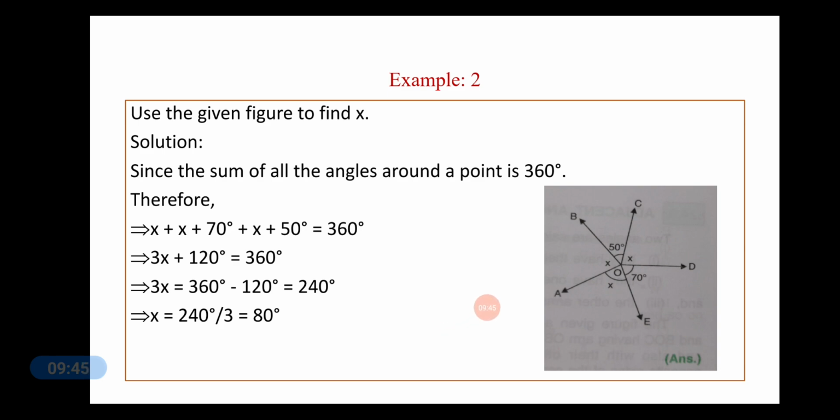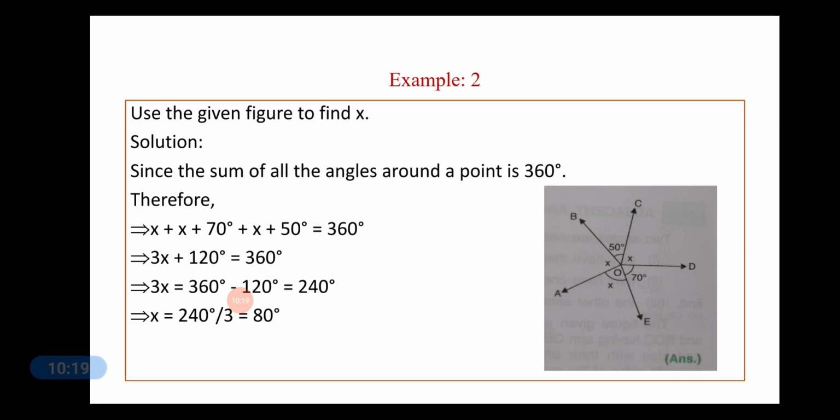So as you can see, you have one angle as 50 degrees, then another angle as x degrees, another as x degrees, another as 70 degrees, and the last one as x degrees. If we add them up together, x plus 70 plus x plus 50 plus x gives 360 degrees. When you sum up 70 plus 50, it is equal to 120 degrees, and x plus x plus x gives you 3x.